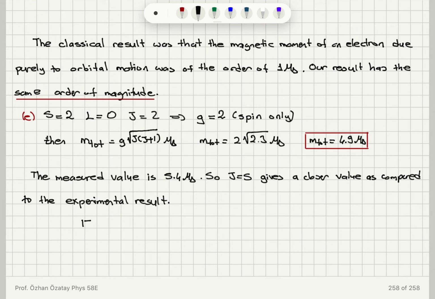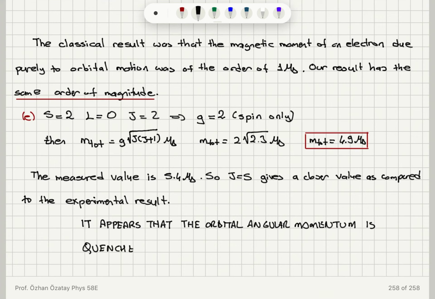So the lesson we learn is that the orbital angular momentum is quenched to some degree.